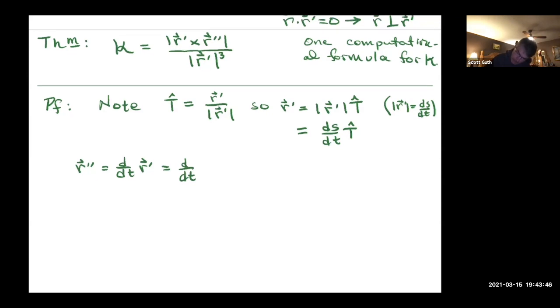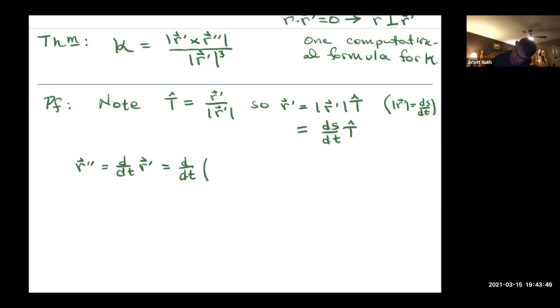So I'm going to take the derivative with respect to time of ds over dt times T. This is a product, so we need the product rule.